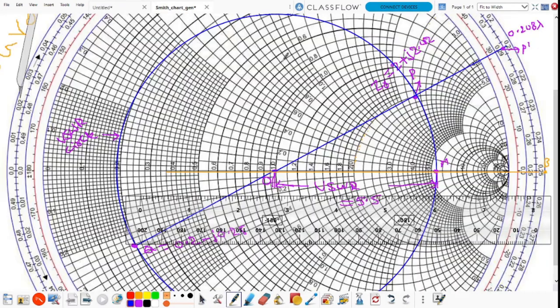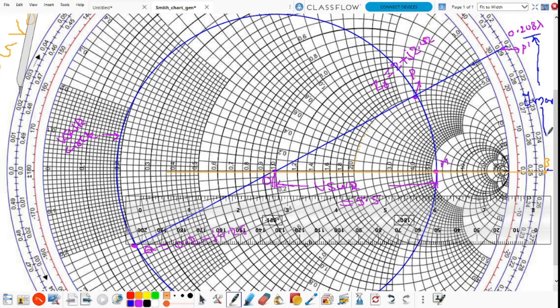In the Smith chart, mark the l max value. This is the point B. From this load point towards the generator, from this load point to the first voltage maximum, this is l max.